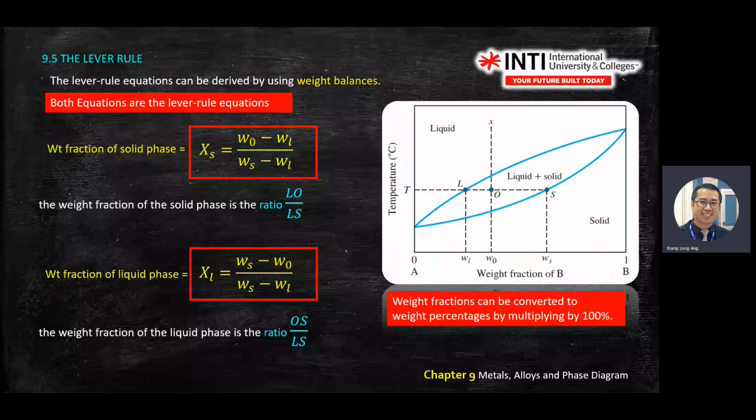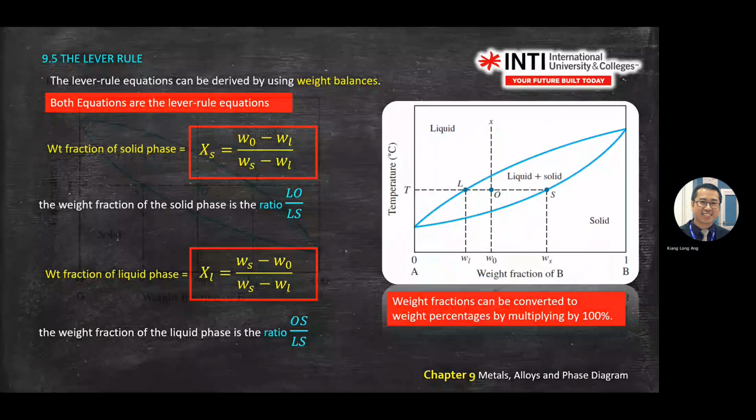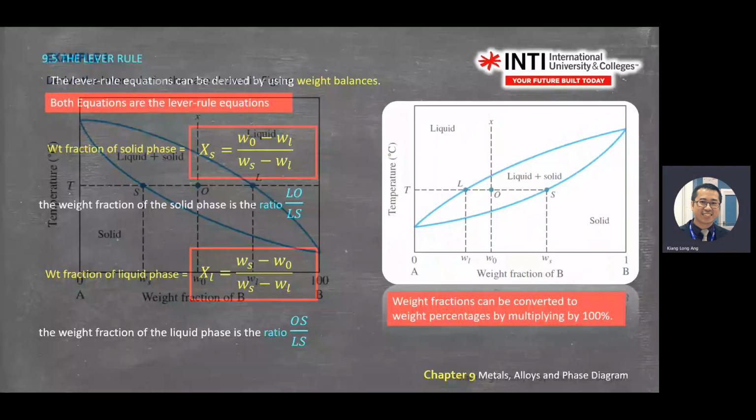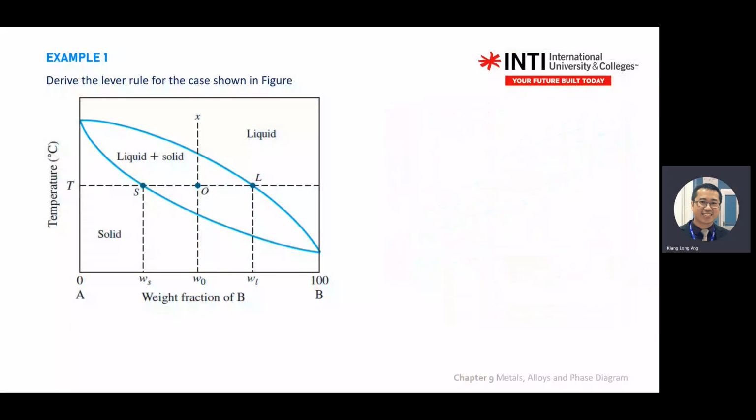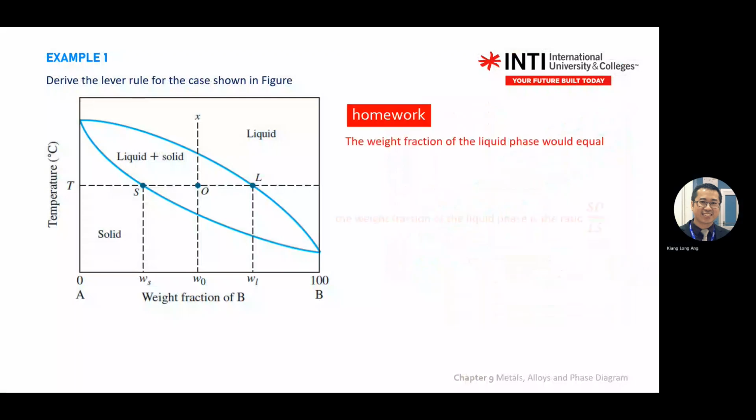Okay, this one is actually a flip of this graph. So it means that there's no fixed way of doing it, but the lever rule is still the same. You see the phases are different. Liquid is on the top, bottom is solid. So to derive the rules, you know that this is liquid, this is solid.